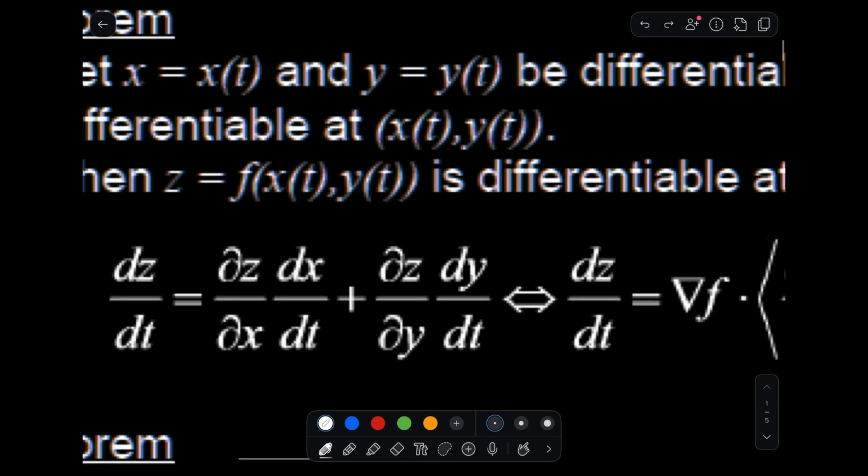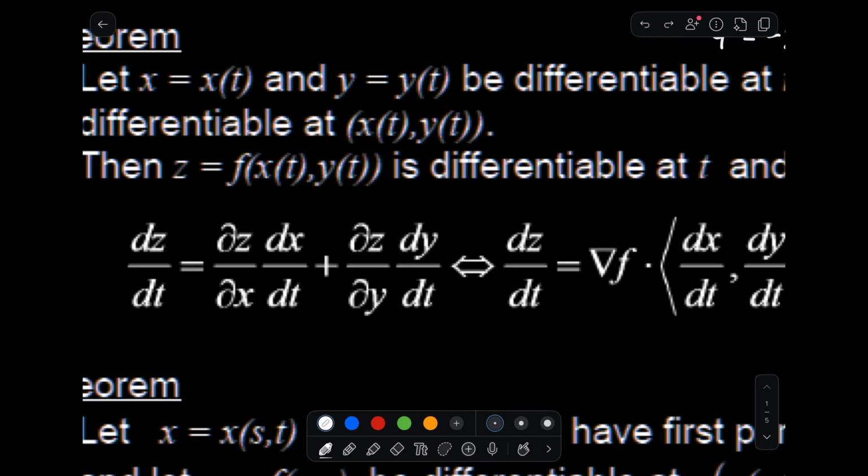However, the dx dt still remains the same because the x of t, x is only relying on a single variable or a single parameter, t, right? And the same thing for del z del y. Z relies on both x and y. It doesn't just rely on one.